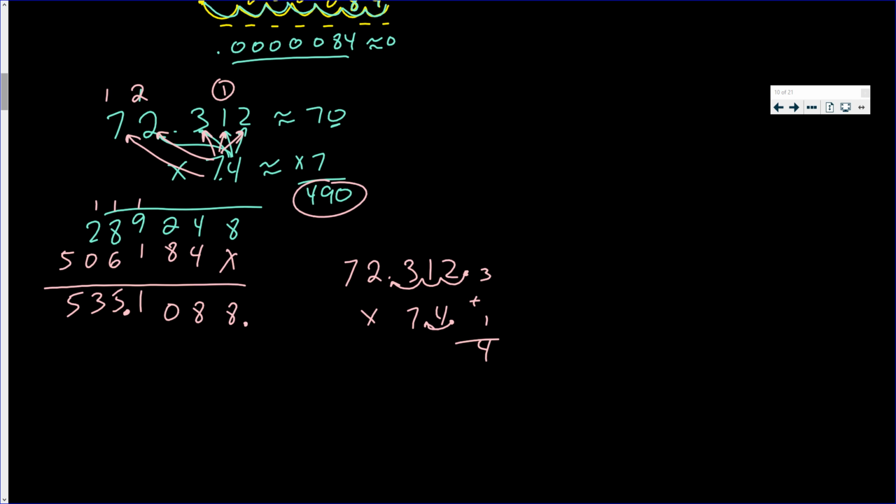So I move in 4 places. 1, 2, 3, 4. But I knew what 70 times 7 was, so the decimal had to be right after the 5.